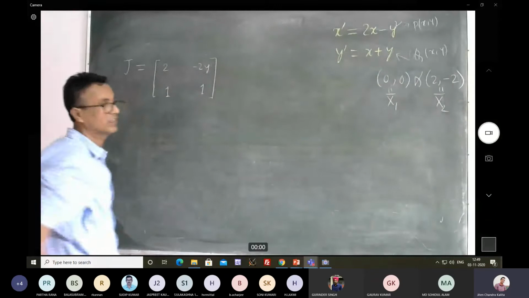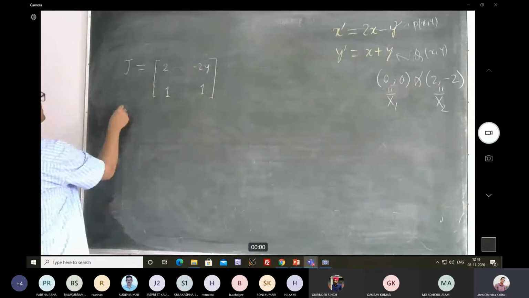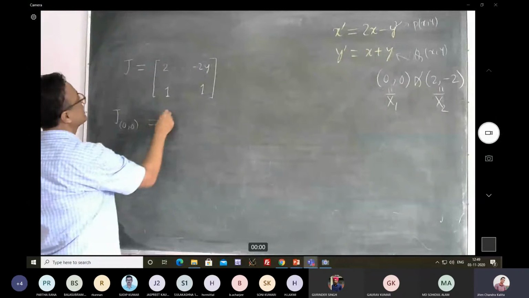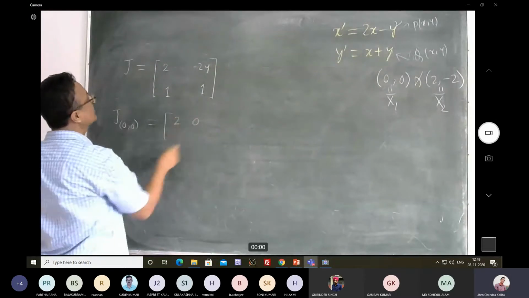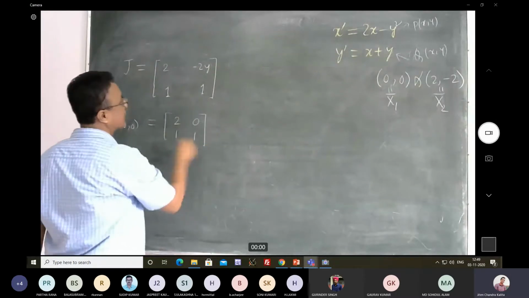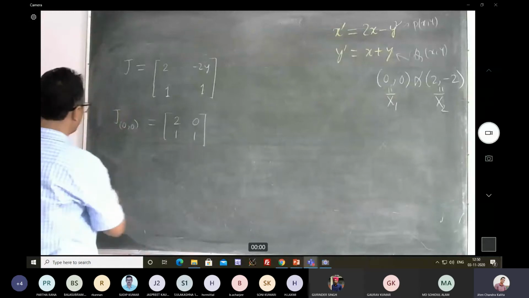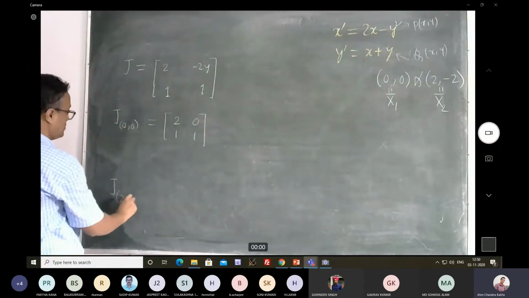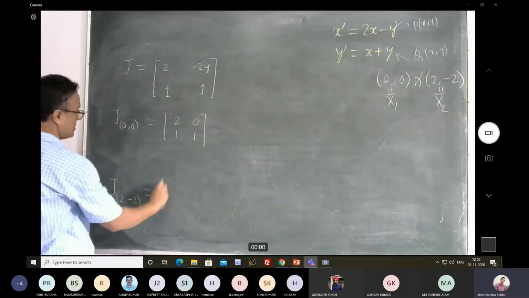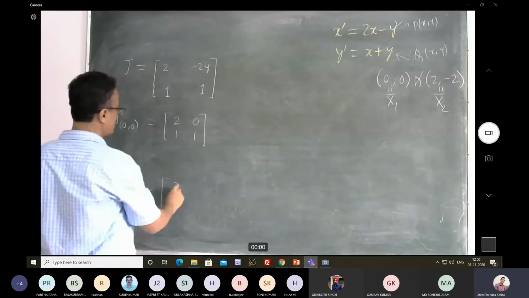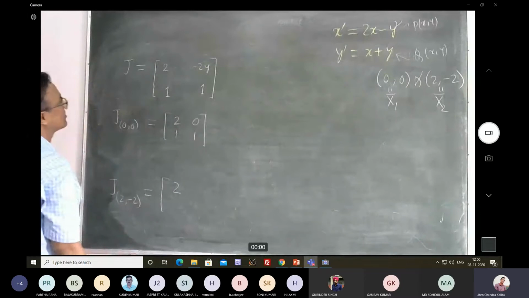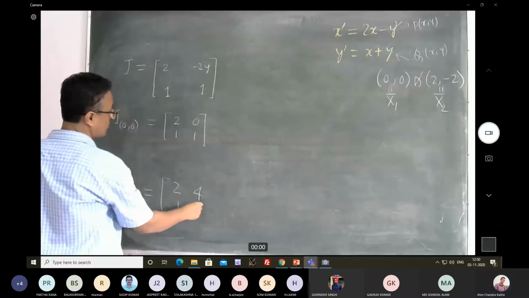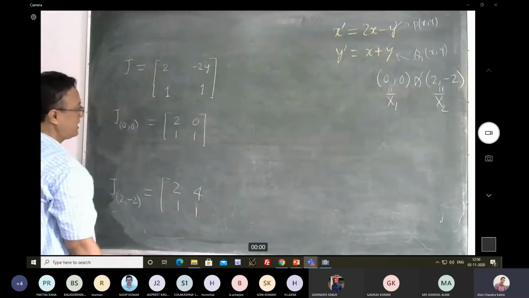The Jacobian matrix at the point (0, 0) is 2, 0, 1, 1. And the Jacobian matrix at (2, -2) is 2, 4, 1, 1. Am I okay?